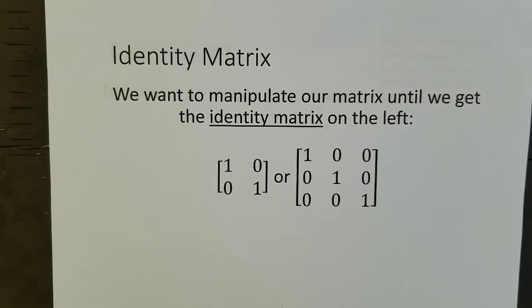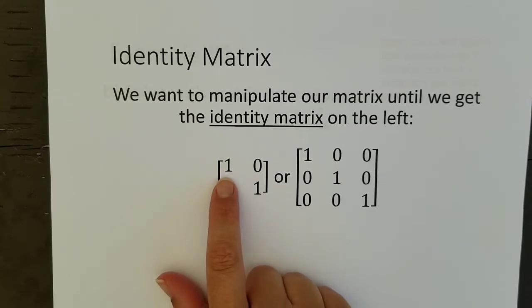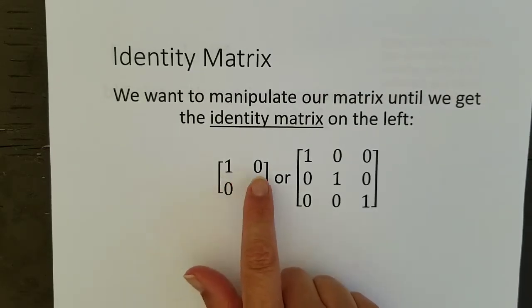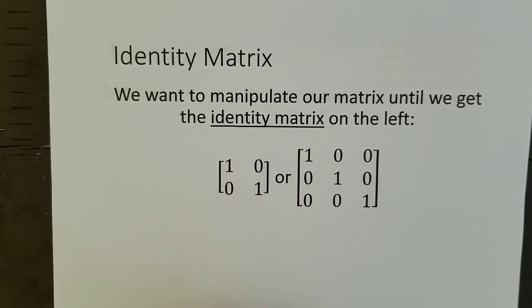What our goal is going to be is to get what's called the identity matrix on the left. If we have the identity matrix, this would represent 1x plus 0y equals something, and that's what we had in that solution by elimination, and 0x plus 1y equals something.